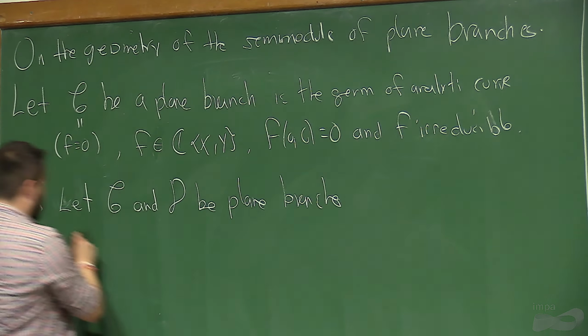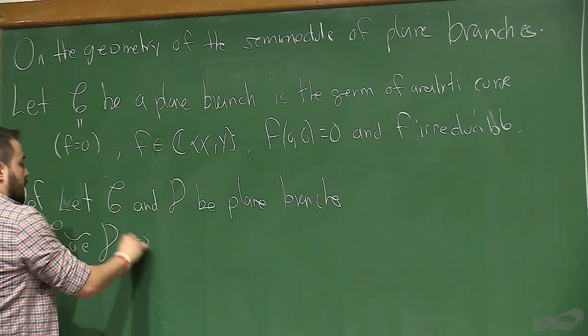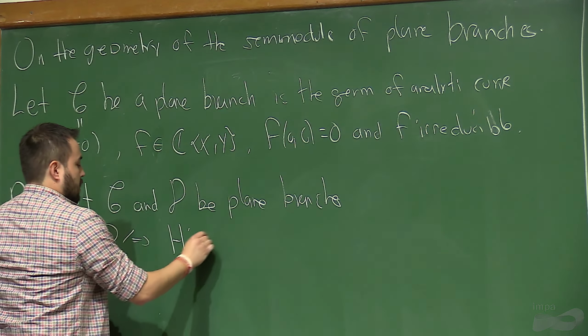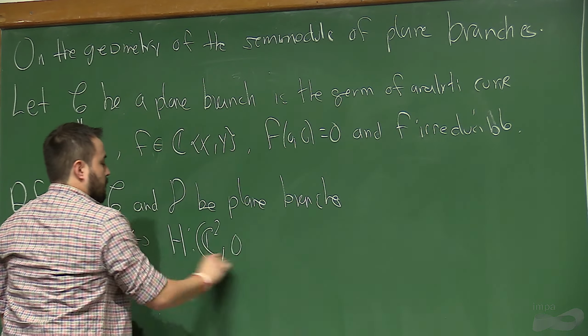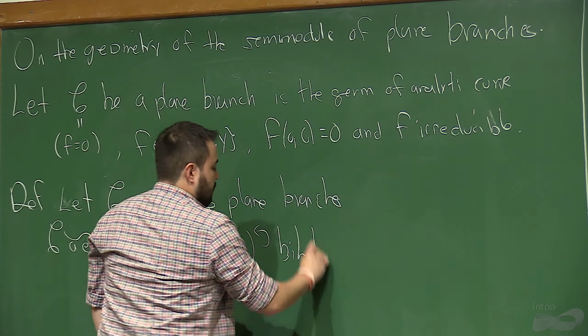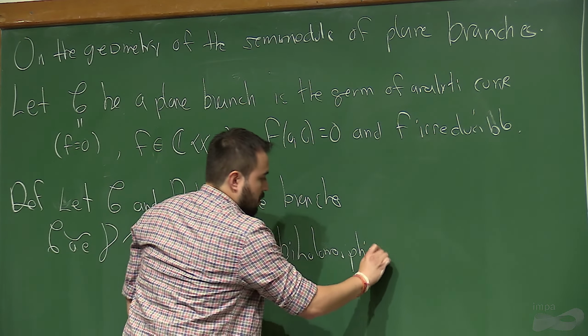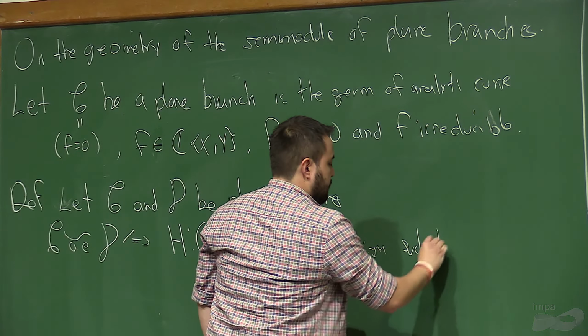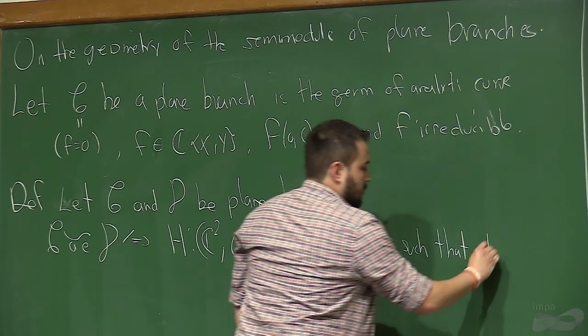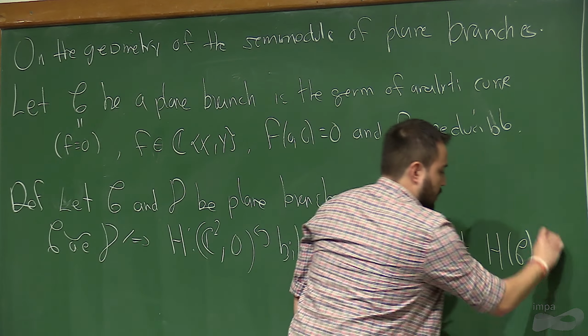We say that C and D are analytically equivalent if and only if there exists a biholomorphism such that this biholomorphism sends one of the curves to the other.